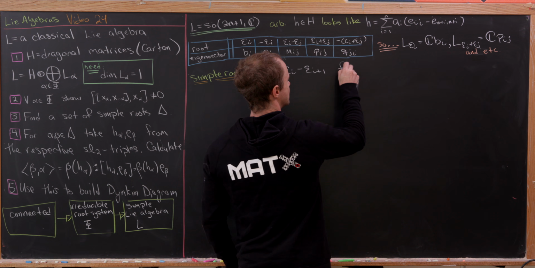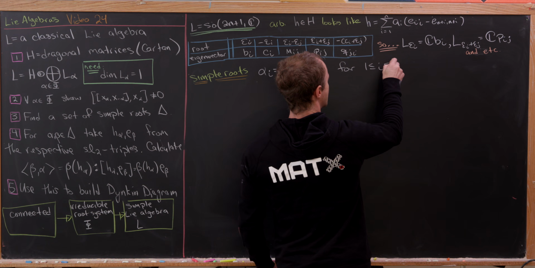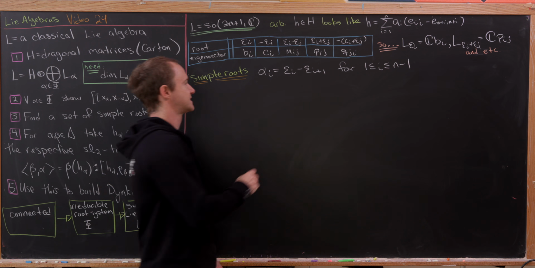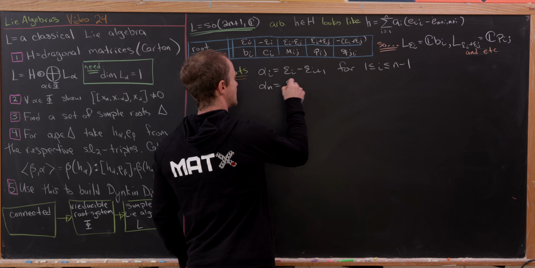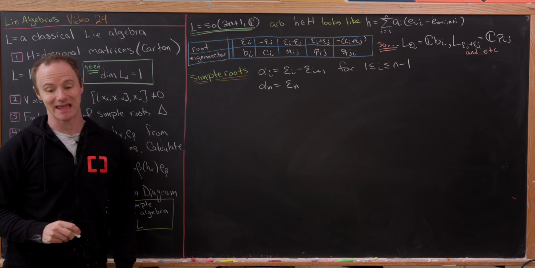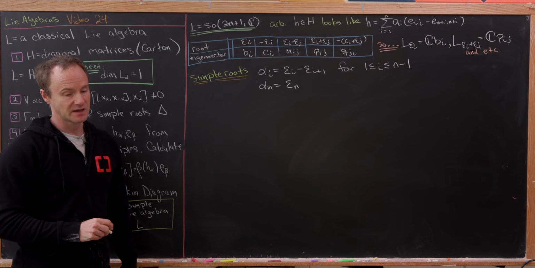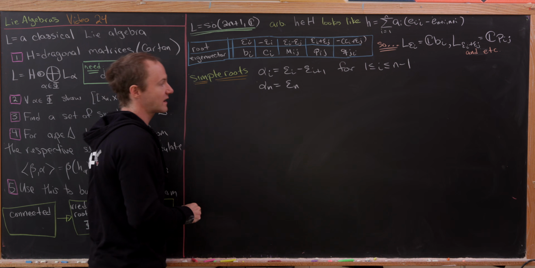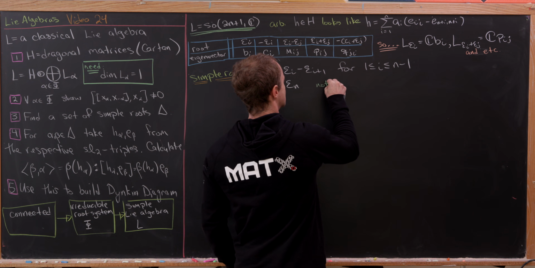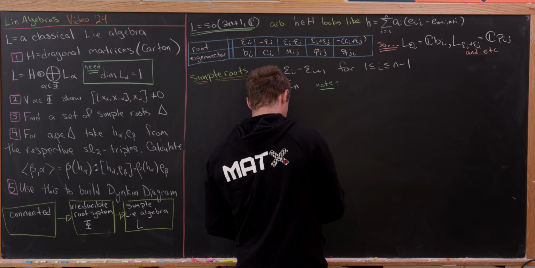And this is going to be for I between 0 and n minus 1. And then we'll set alpha n to be equal to epsilon n. So we've got exactly n roots here. And now let's quickly notice that we can get all of the roots out of this.